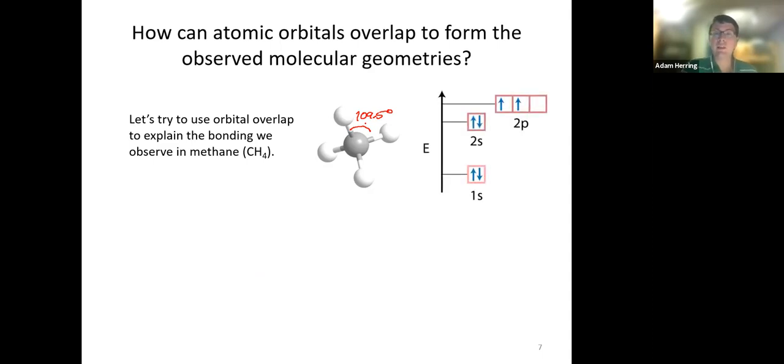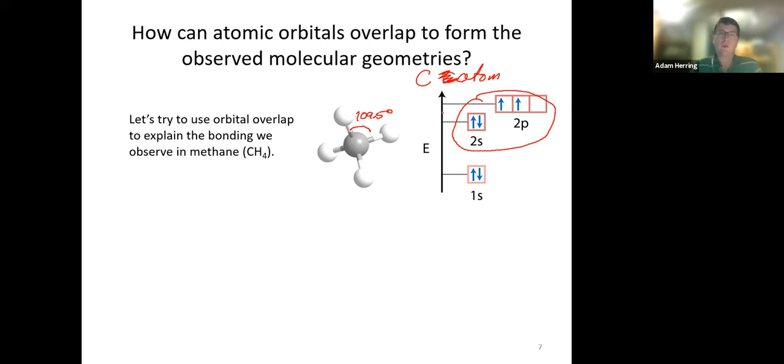If we look at the valence electrons of the carbon atom, we see that it has 4 electrons in its valence. We know that because it's in group 4, and 2 of those electrons are unpaired.